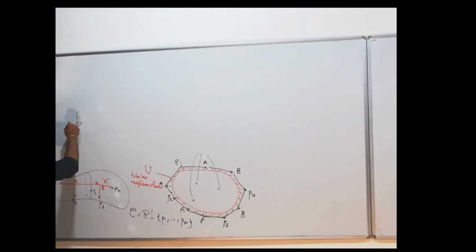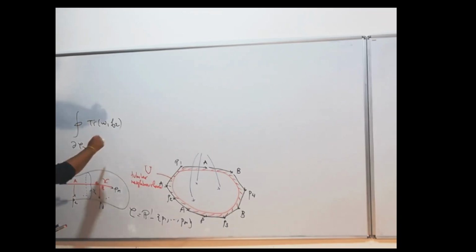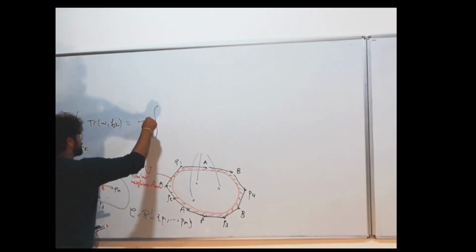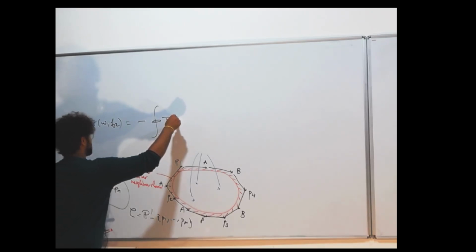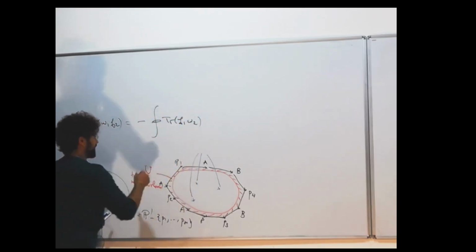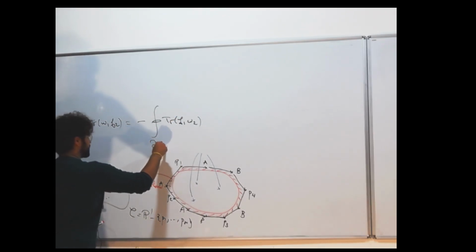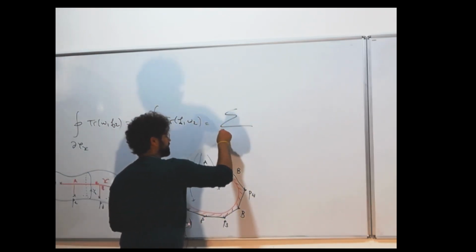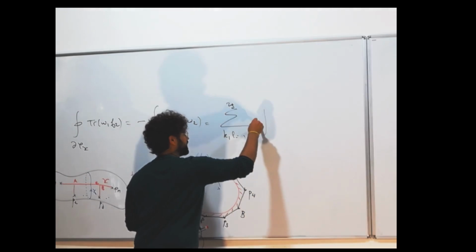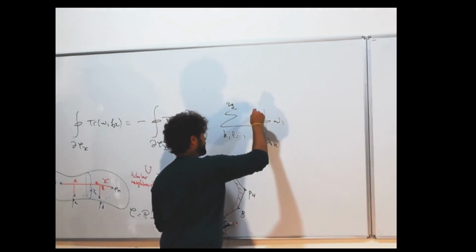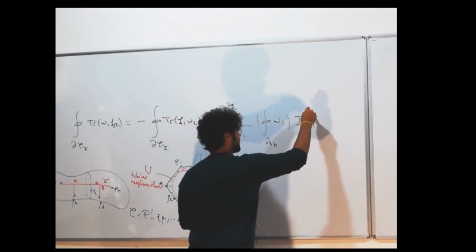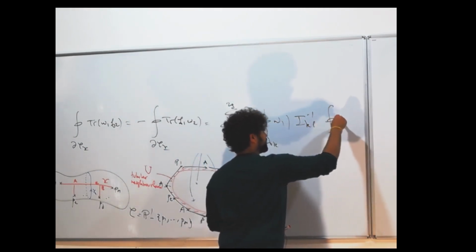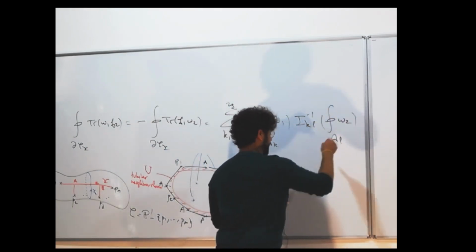It's that I had written trace of omega 1 f2 over this, equals minus the same f1 f2, equal to sum KL periods omega 1 K, I KL minus 1, integral omega 2 AL.